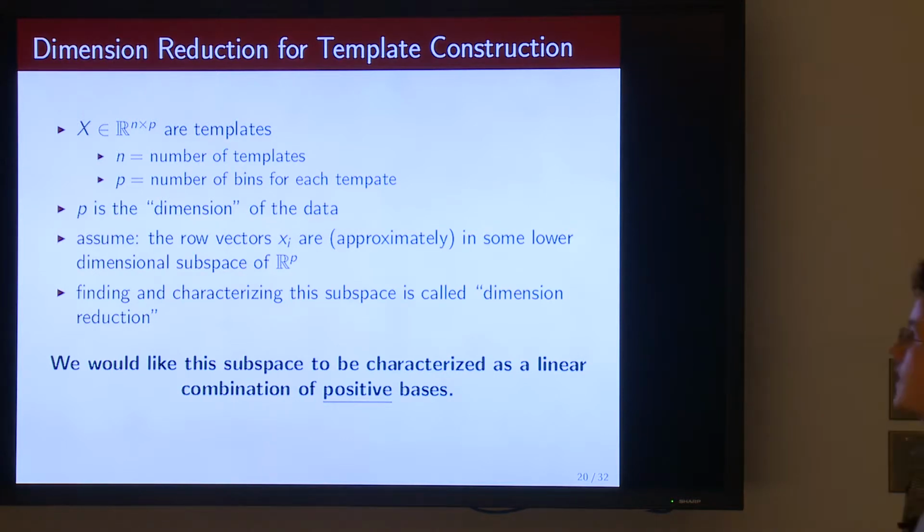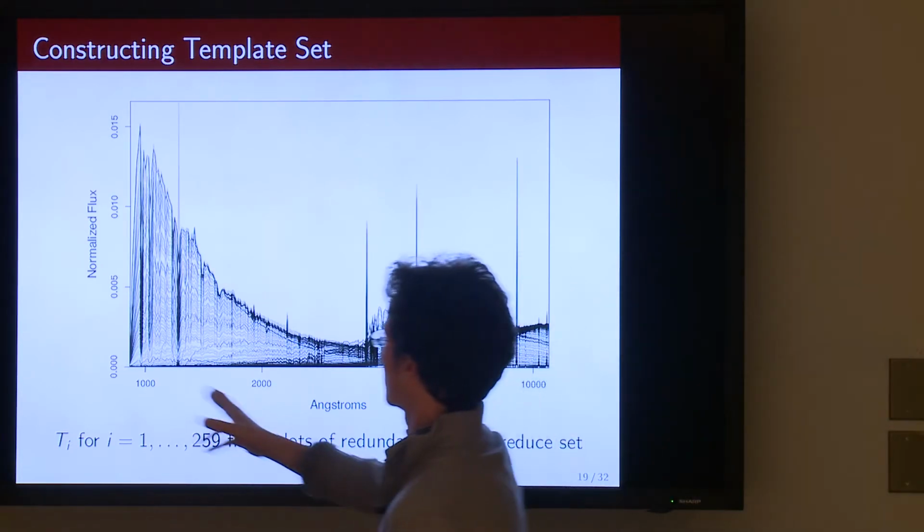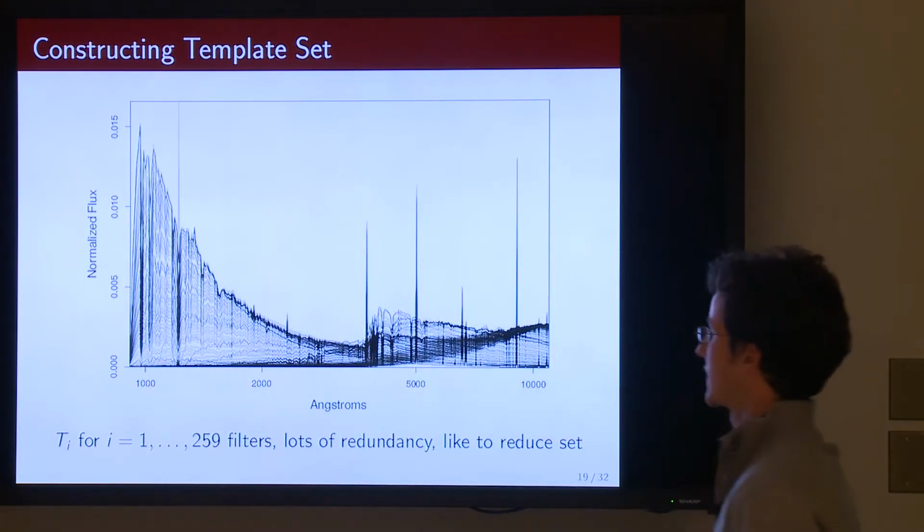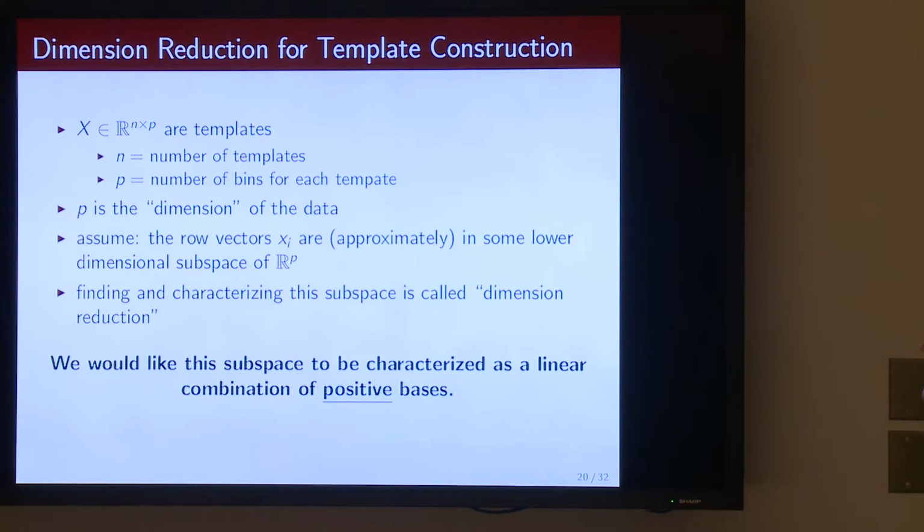We can think of these templates as being a matrix X, an N by P matrix, where N is the number of templates, the initial number we might be considering, and P is the number of bins for each template. P would be however many wavelengths these templates are observed at, probably a few thousand. And then there are 259 total templates.